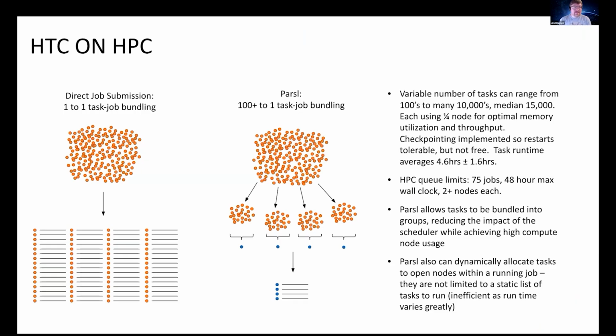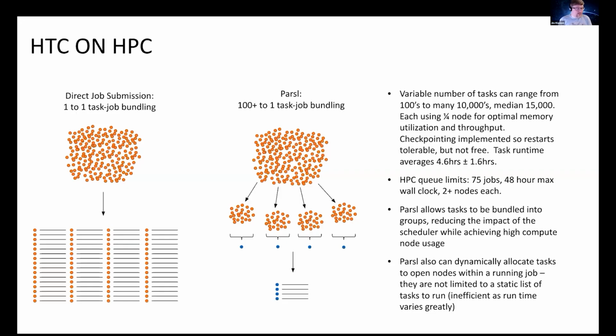And this is obviously a high throughput computing situation. So we're not running all 27 million tasks at once. That's been over many years. But at a single set, we have between hundreds and 10,000s of these tasks that need to run at a time.